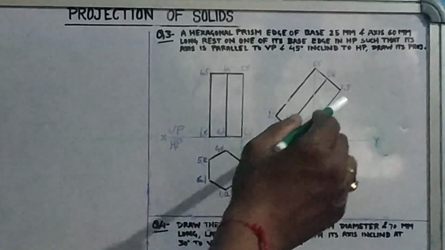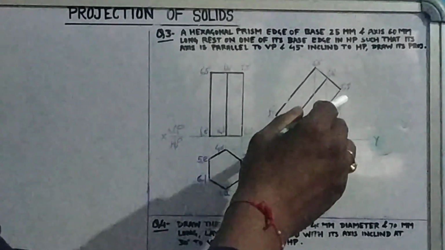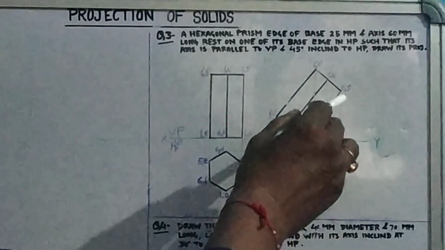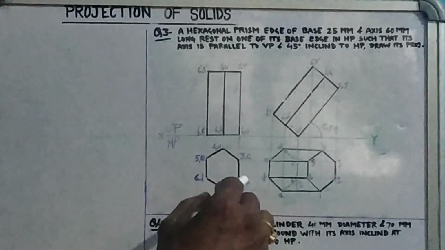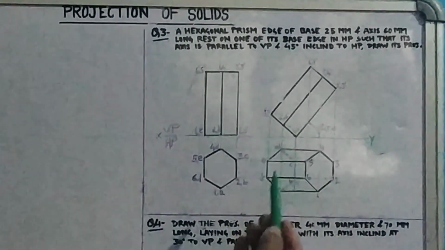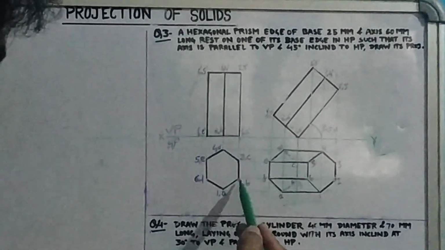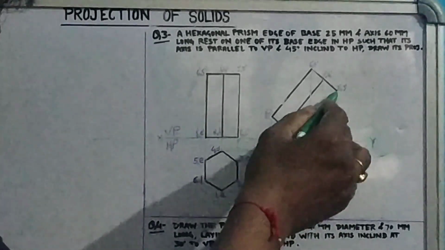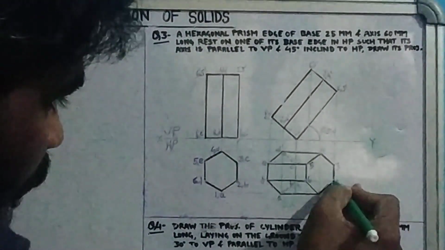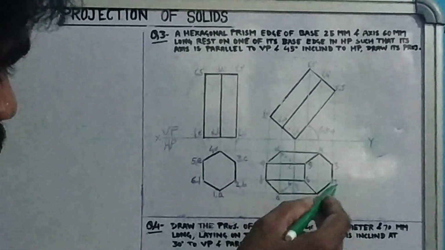For example, this is the vertical line of point 2, and here we are getting the horizontal line of 2. So this will be our point 2.